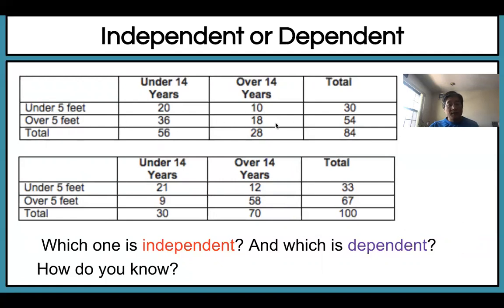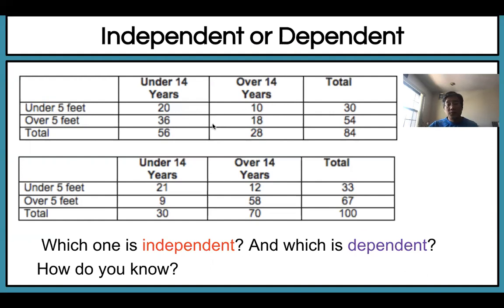When you look at over 5 feet, under 14 and over 14, 36 to 18, still double, 2 to 1, right? So regardless of the height, under 14 to over 14 is always 2 to 1. It's steady and proportional. Same proportion, 2 to 1, 2 to 1.